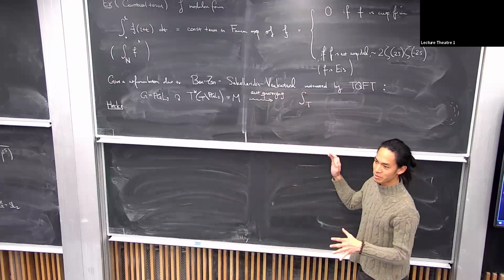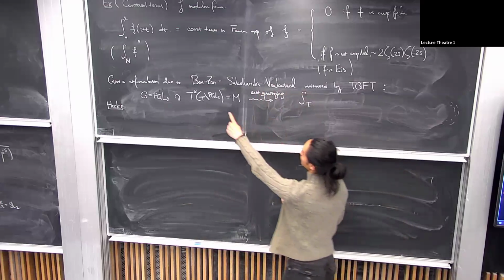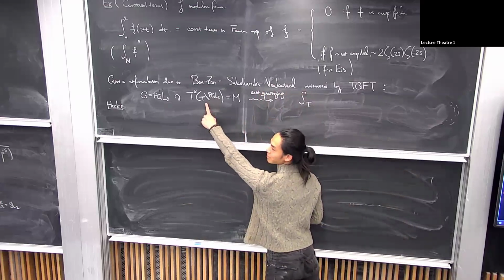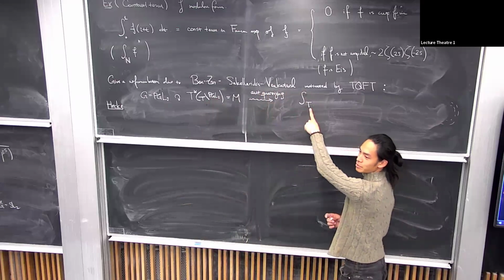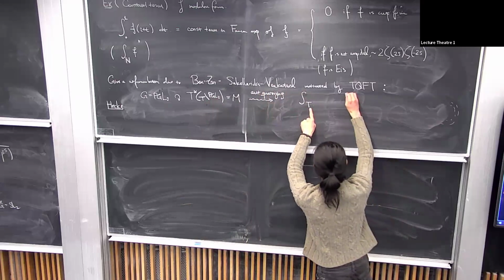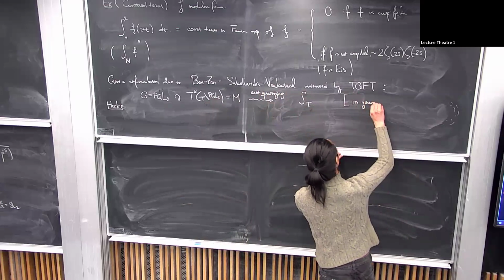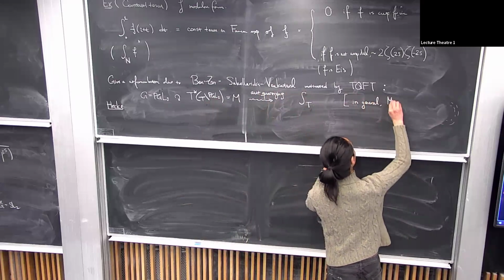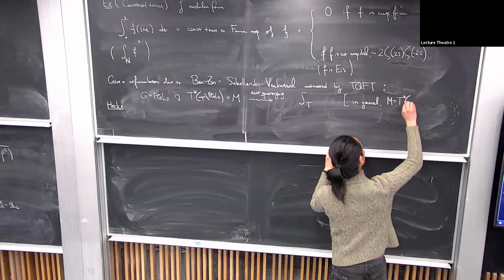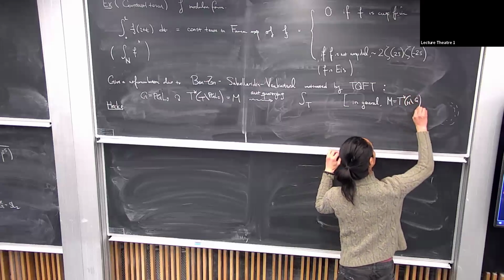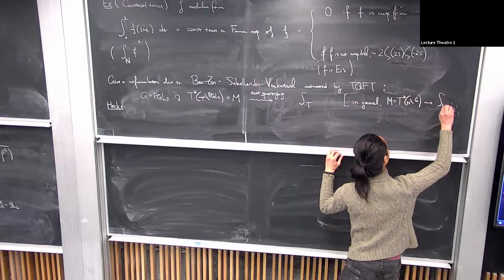So without giving you the definition, let me just say, here I have a homogeneous space G mod H, and the answer I got was integrate over H. Right, so in general, without telling you the definition, if M is T star G mod H, then it becomes integrate over H.